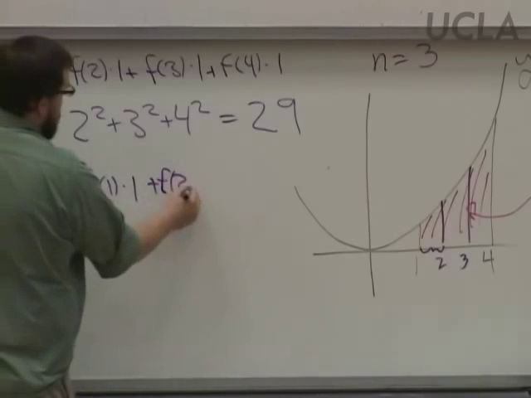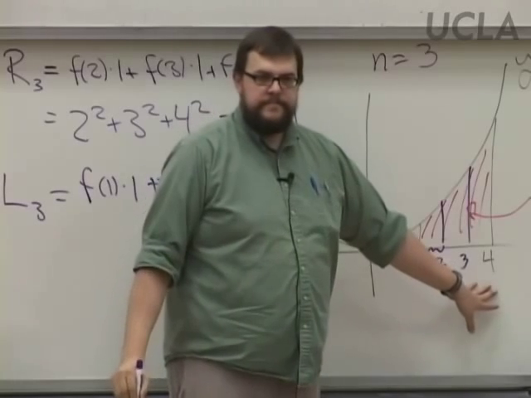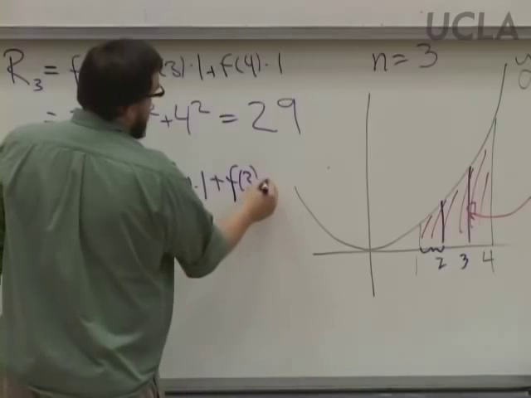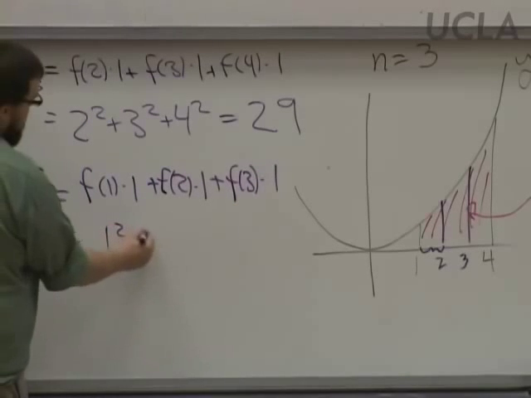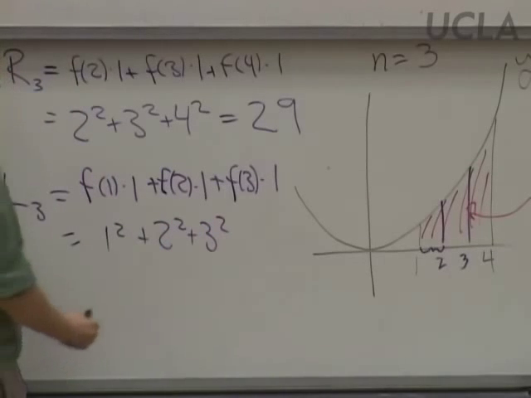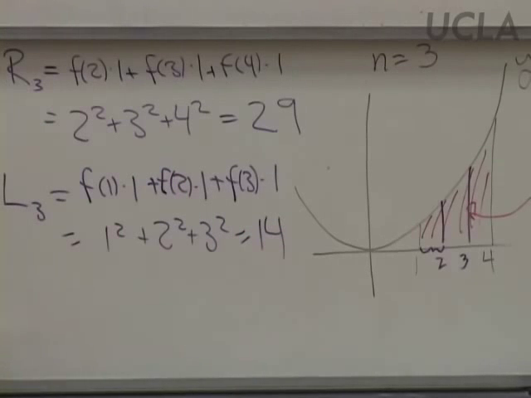So f of 2 times 1. And for the third strip, plug in 3. So f of 3 times 1. So this is 1 squared plus 2 squared plus 3 squared. And if we add all these together, we get 14. So here we have 2 approximations. And of course, they're not the same.